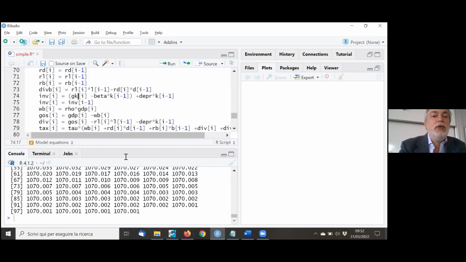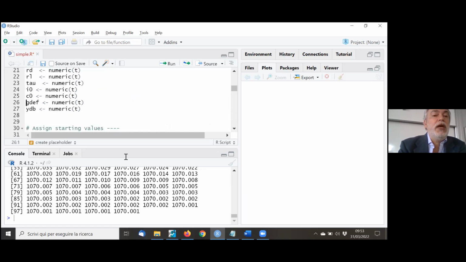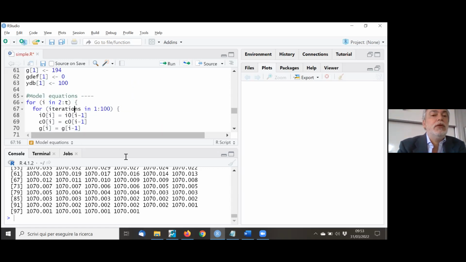So we need a new variable GK, and this will be less the depreciation multiplying the opening stock of capital. So we won't need this anymore, and we need to create GK. And provide a starting value, I guess. We need starting values for everything here.